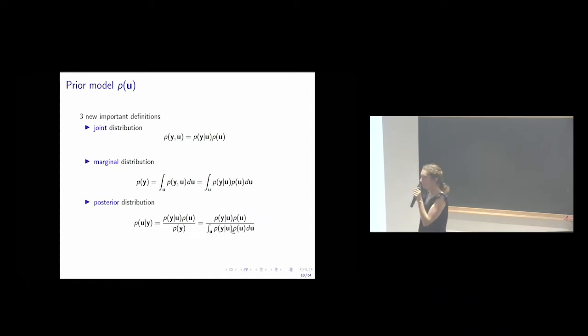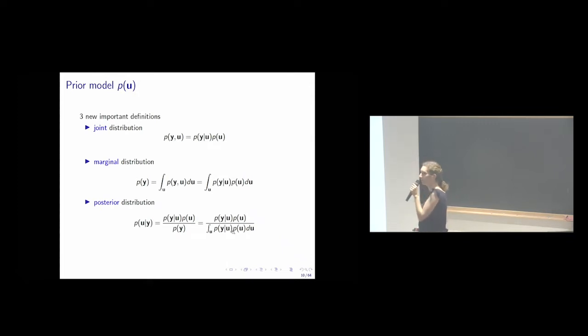Once you have your joint distribution, you can then compute the marginal distribution, for example, over the observations. The definition is that you integrate over all possible realizations of u, the variables of interest, of your joint distribution.